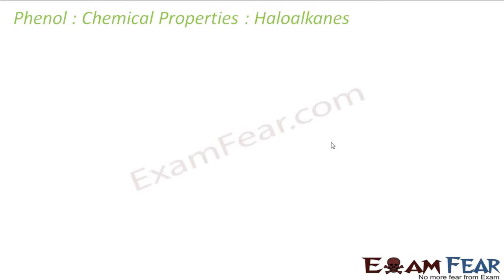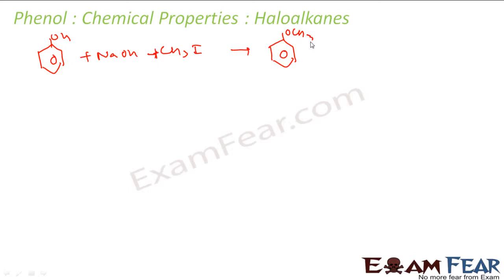Now we'll see the reaction with haloalkanes. So haloalkanes, I have my phenol, and let's suppose I have sodium hydroxide and CH3I. So when this reaction happens, what happens is you get OCH3 plus NaI and H2O.